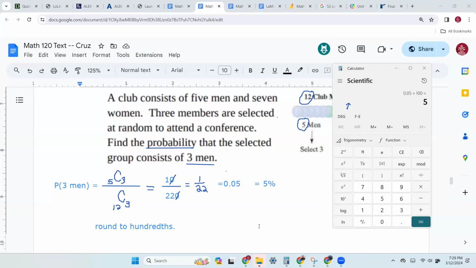So it's less than 5% chance that there's going to be 3 guys going to this conference. So then that would give them an indication about whether they could expect this to happen or not. So provided that it's a free pick, in other words, it's random pick, nobody's cheating, they got less than 5% chance that all 3 guys are going. All right, questions?